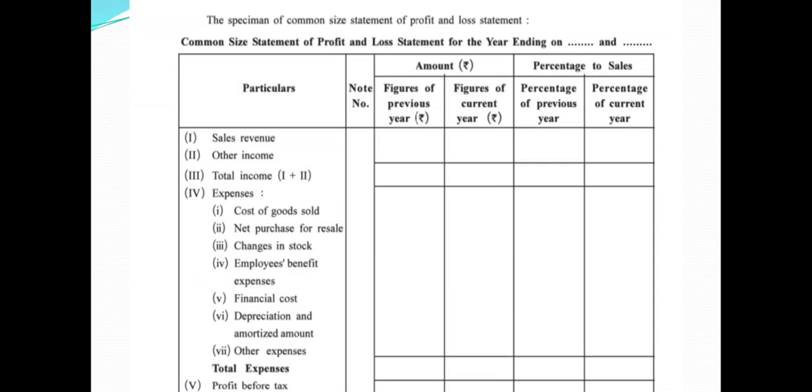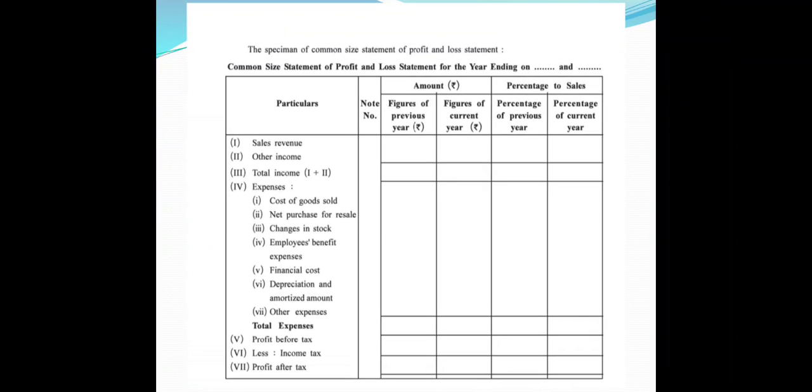So say for example, if you want to find the percentage of other income, then your formula will be other income upon sales into 100. If you want to find cost of goods sold percentage, then cost of goods sold upon sales into 100, and this way the calculation is done.